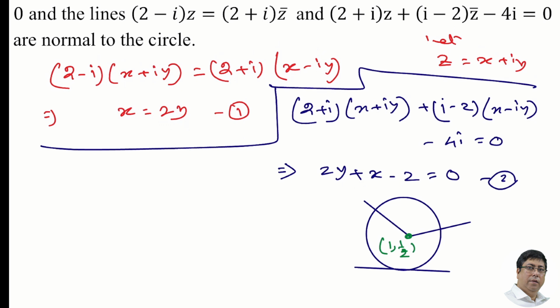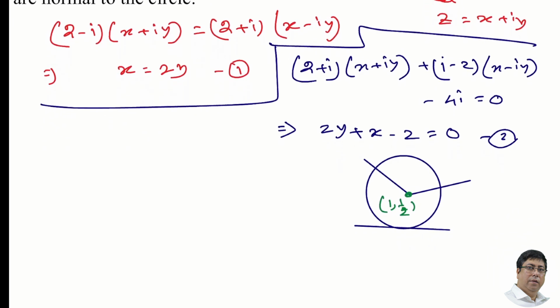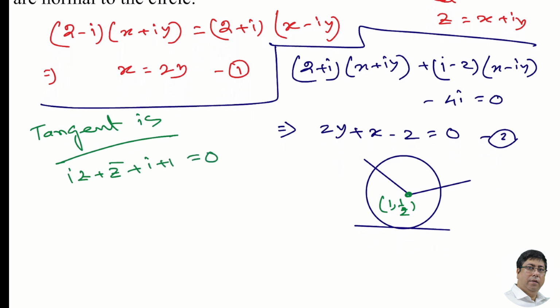Now we have to change the tangent to the Cartesian form. So the tangent is iz plus z bar plus i plus 1 equal to 0.